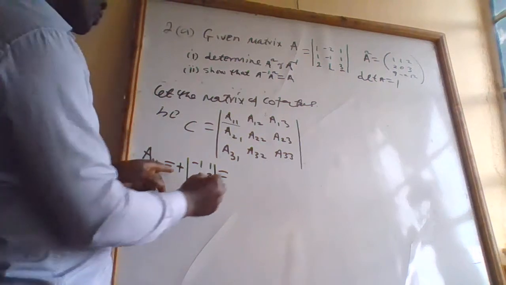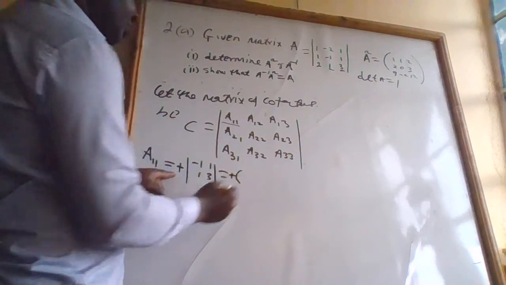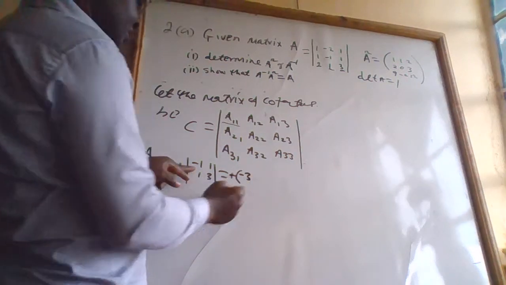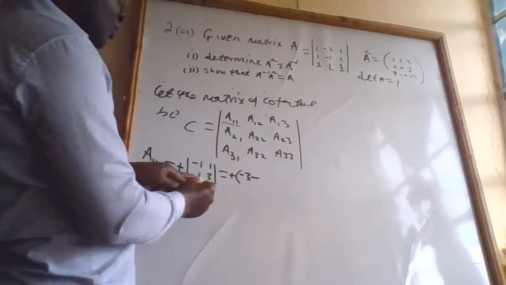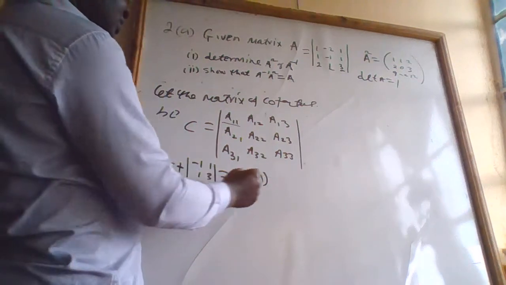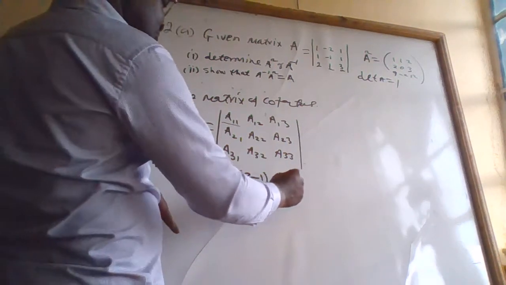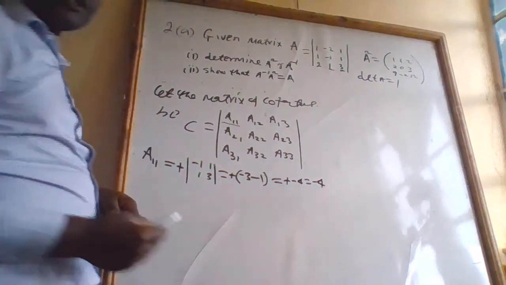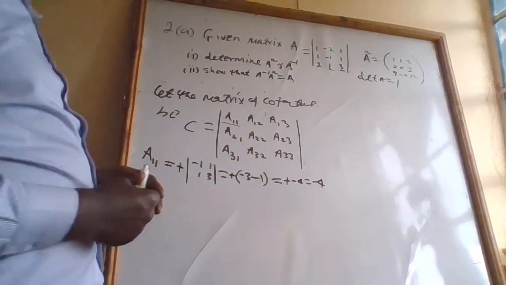So this equals, of course, the place sign is positive, 3 times negative 1, we have negative 3, then minus 1 times 1, which is 1. So this equals negative 3 minus 1, which equals negative 4.